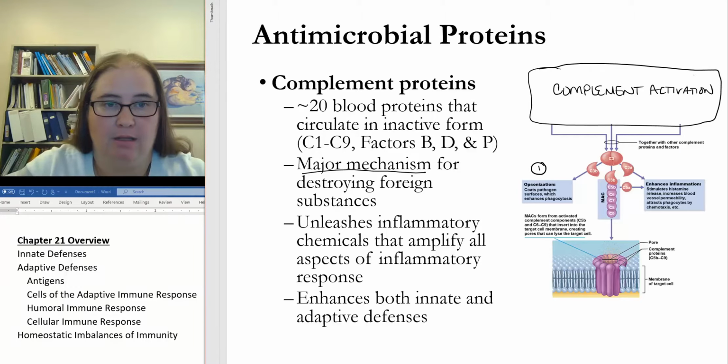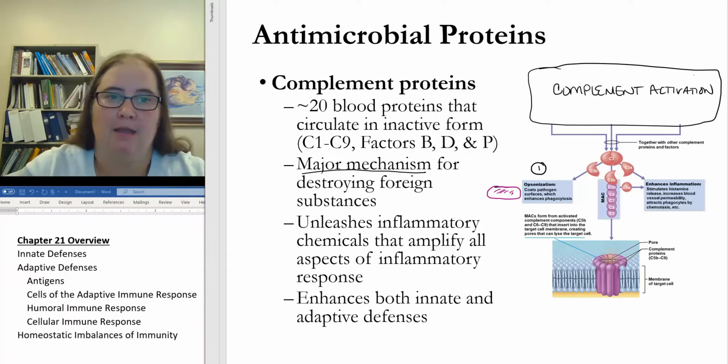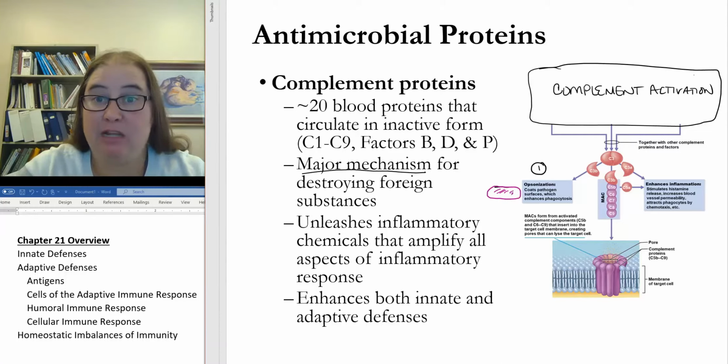Here's our pathogen, and I like to draw pathogens with little things like that inside them. In this case, this pathogen is going to be coated by this complement molecule, C3b.